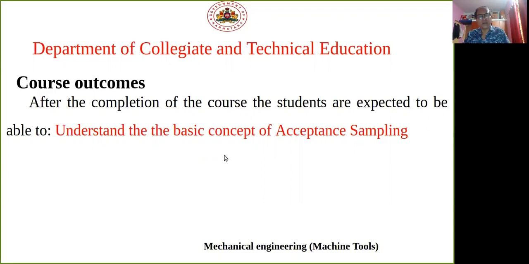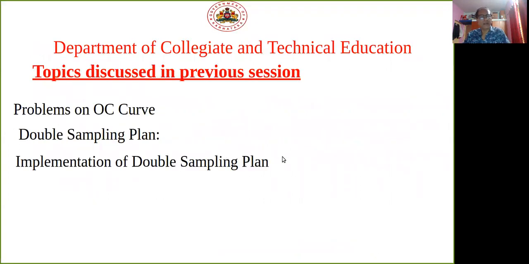acceptance sampling. So in the last sessions, we have discussed some problems on the OC curves of a single sampling plan, and something about the double sampling plan and how it can be implemented.